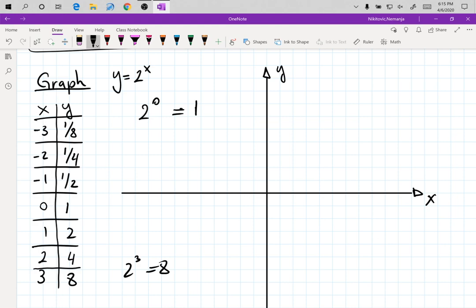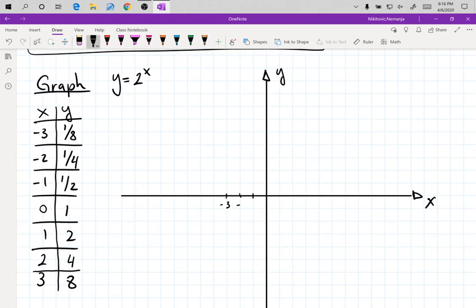And all I need to do is to graph these ordered pairs x, y, and then connect the dots. So what I'm going to do is have my divisions from -3 to +3. And then, as you can see, there are no negative numbers on y, so I only need 0 through 8. So 1, 2, 3, 4, 5, 6, 7, 8.